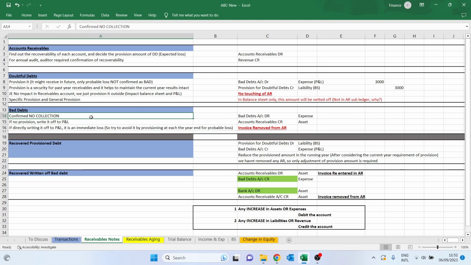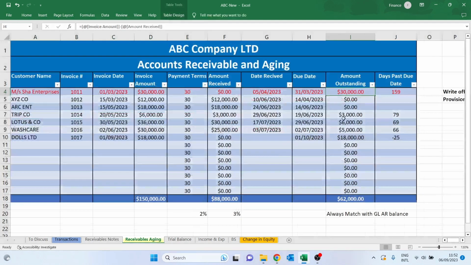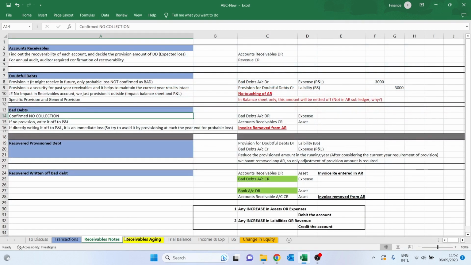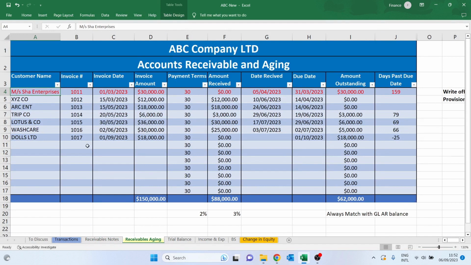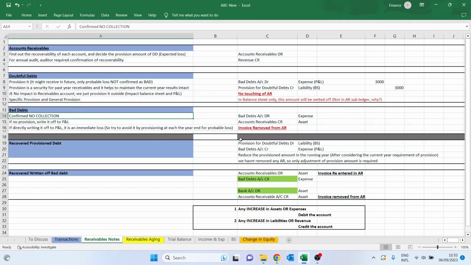Before 31st of December, it was already confirmed that we are not going to get the money from Shah Enterprises. So this amount is a loss in the current year, and we need to debit 30,000 as bad debt.